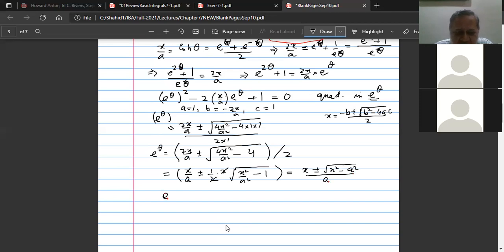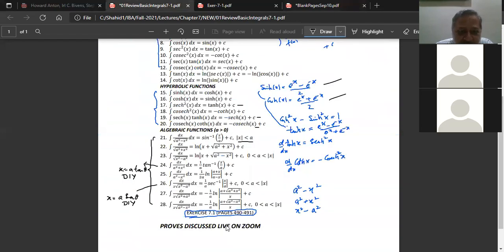So I have reached e power theta is equal to x plus minus under the root x square minus a square, upon a. But what was the required result? We are working out this one.